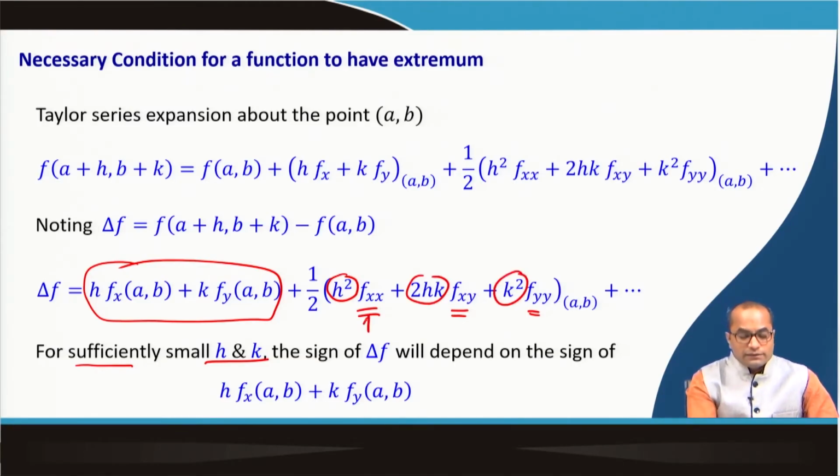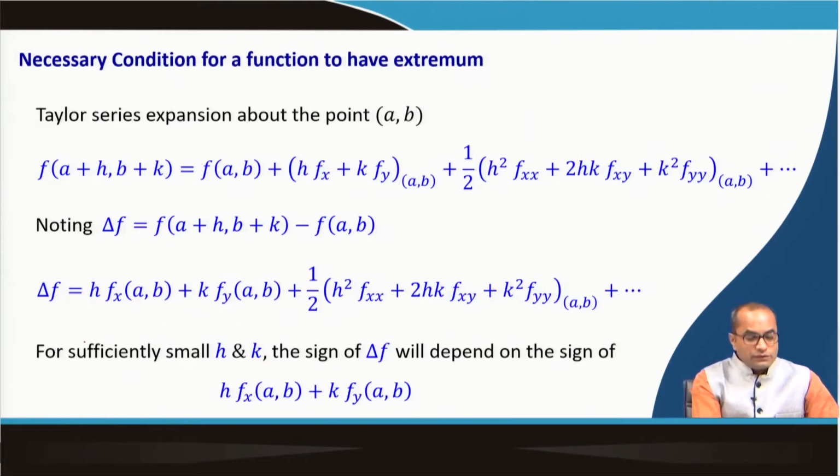So, it does not matter how large these values are, the sign of delta f for very small h and k will depend only on the sign of h f_x plus k f_y, the leading linear term. Then we have the square term, then we have the cubic terms, those terms will be even smaller for very small values of h and k.